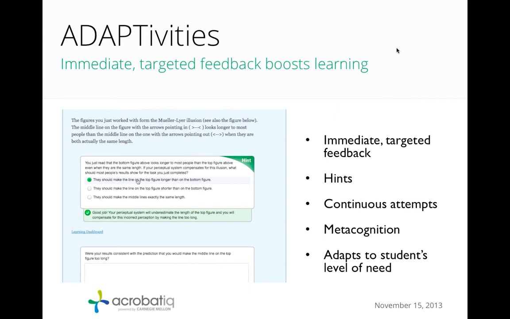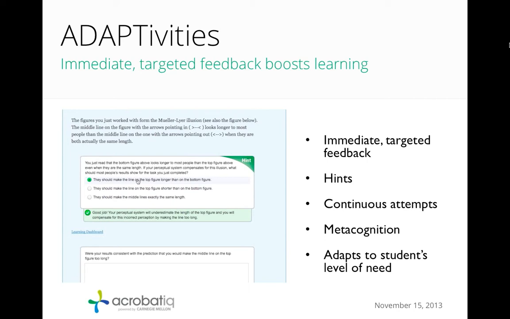There's no just reading about it and hoping that you understand. Here we have the feedback coming to the student immediately, hints to help guide the student in the right direction. All of this aids in the metacognitive processes for the student, so that the student can take an active role in understanding how much he or she understands.